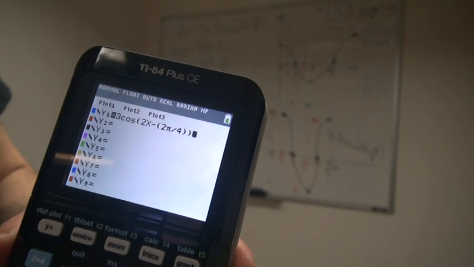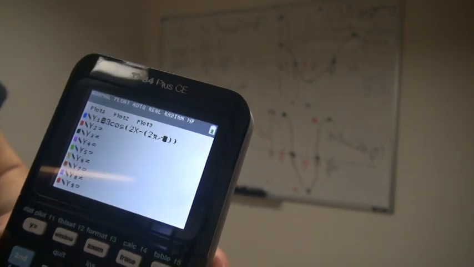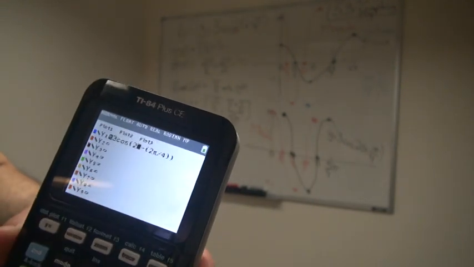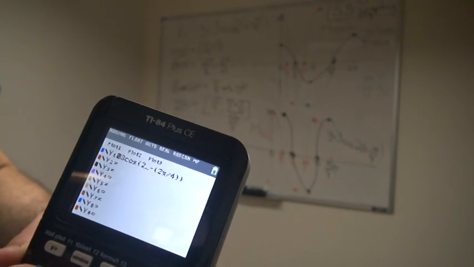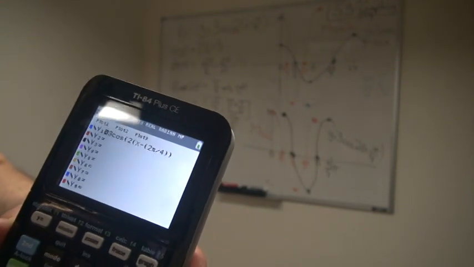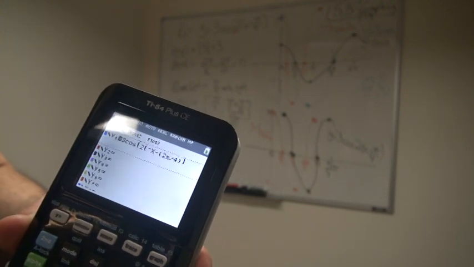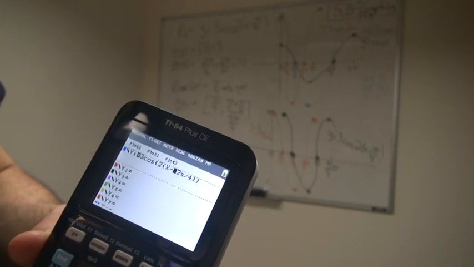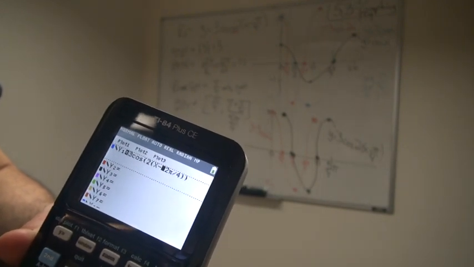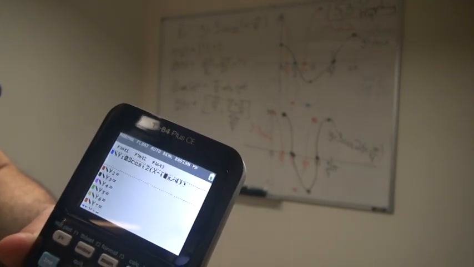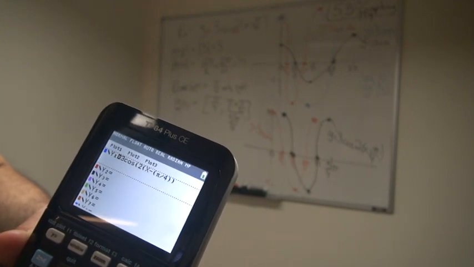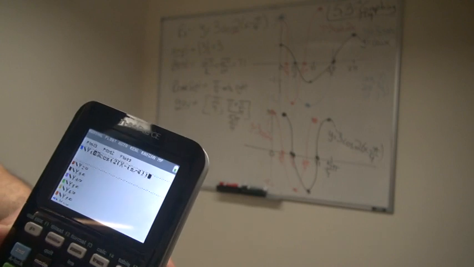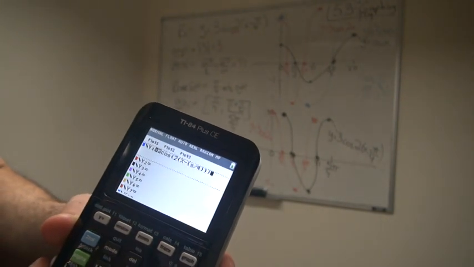Another way of typing it in, which causes less pain and heartache, is 3 cosine 2, parentheses, x minus pi over 4. And I like to be super careful with my parentheses.